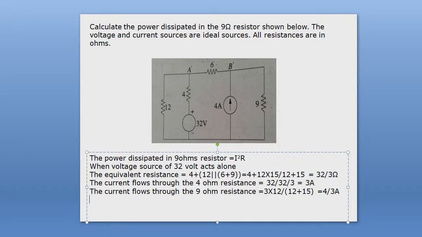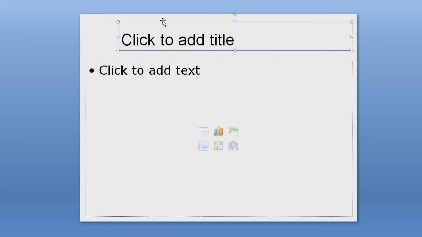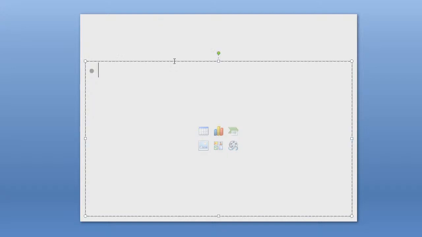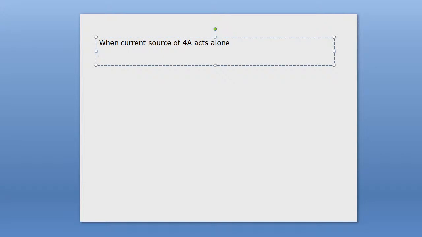So for the second case, you consider only the current source acting alone. When the current source of 4 ampere acts alone in your circuit, you consider this voltage source shorted.